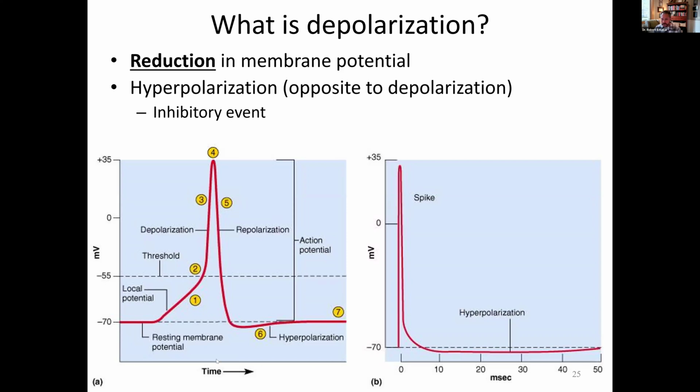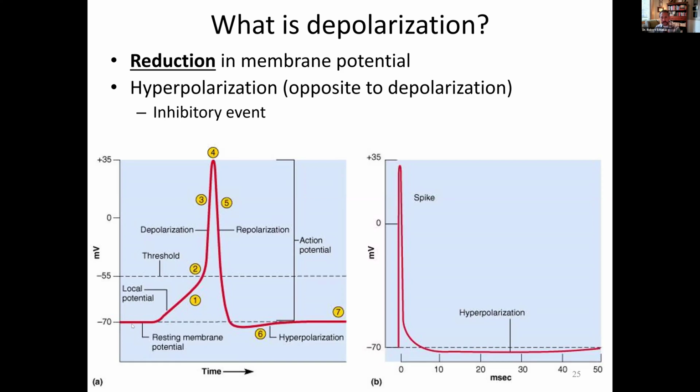On this left graph, we can see that the time is on the x-axis and millivolts are actually on the y-axis. You can see 0 is right here, and minus 70 is the resting membrane potential at the level of the phospholipid bilayer, like we were talking about in lecture the other day.